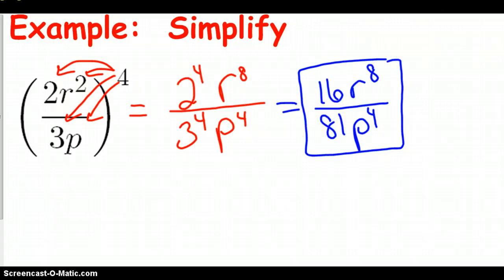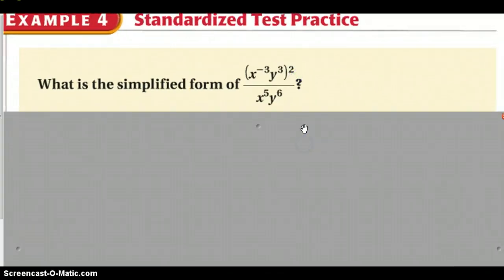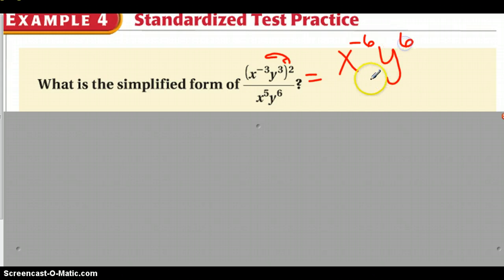All right, last one. Okay, take a look at this one here. Again, you distribute the exponent. This one has a negative, so you're going to have x to the negative 6, y to the positive 6, over x to the 5th, y to the 6th.